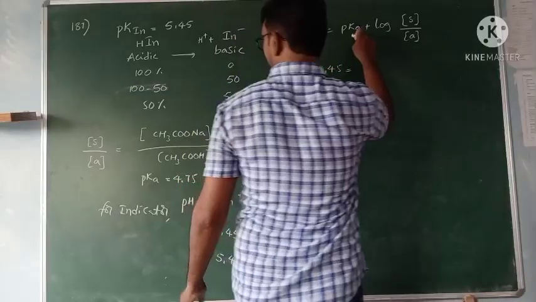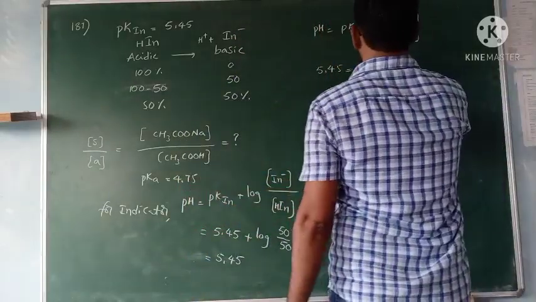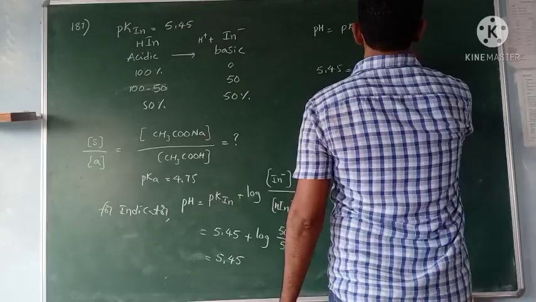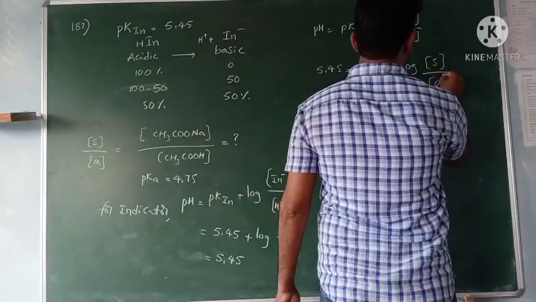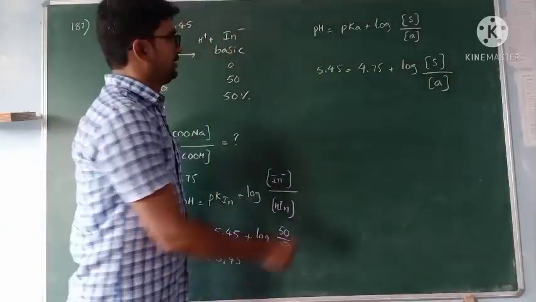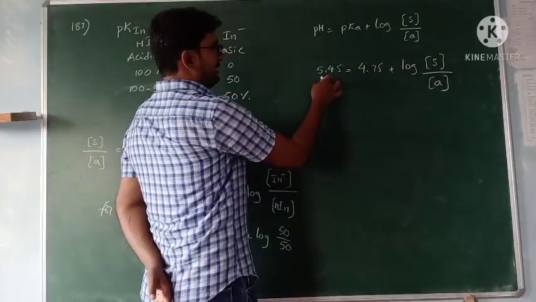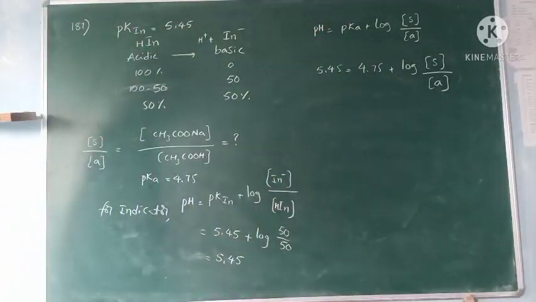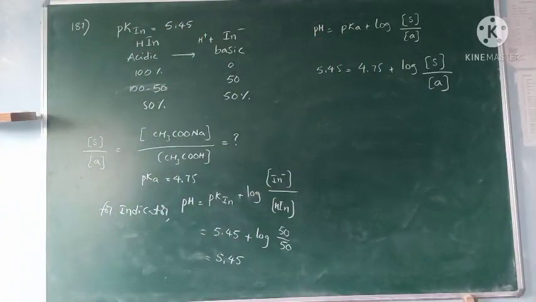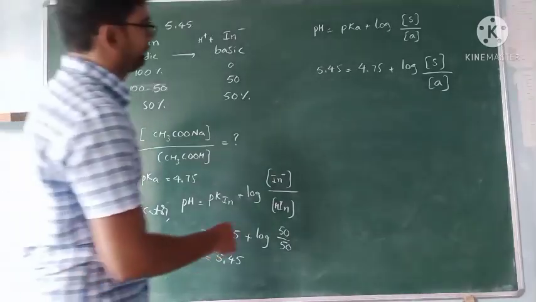5.45 is equal to pKa value, which is given as 4.75, plus log concentration of salt by concentration of acid. Move this value to this side, then 5.45 minus 4.75, that value is 0.7.